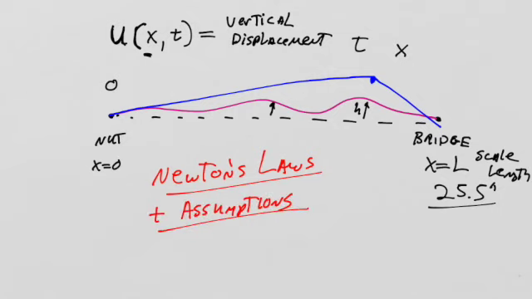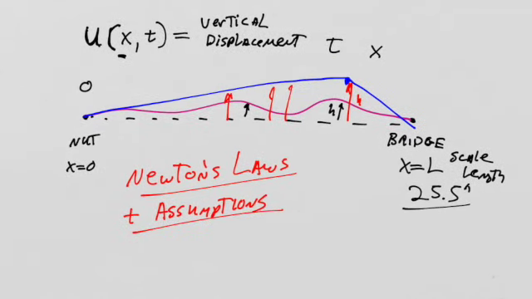And those critical assumptions were that this displacement h, the displacement of the string at any time, is much, much smaller than the scale length of the string, right? So the displacement u, when we calculate a u, divided by the scale length has got to be a number much smaller than 1, right?